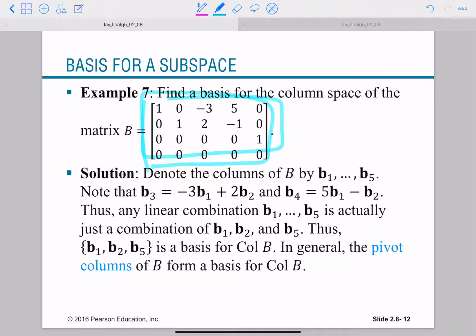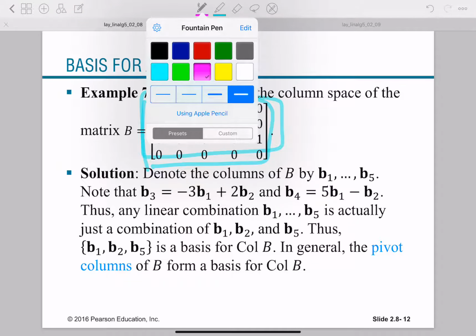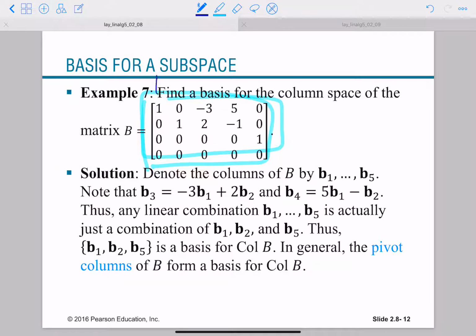Here we can easily see that this is basic, free, basic, right? Once we find out which ones are basic and which ones are free variables, what is the basis for the column space? So the basis is this one and this one, right?